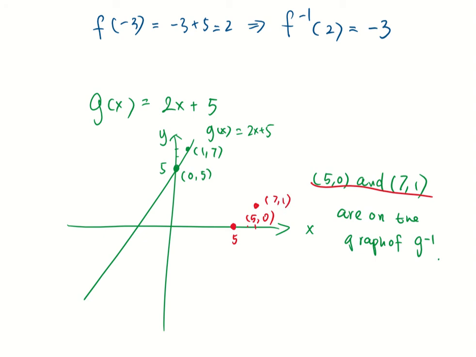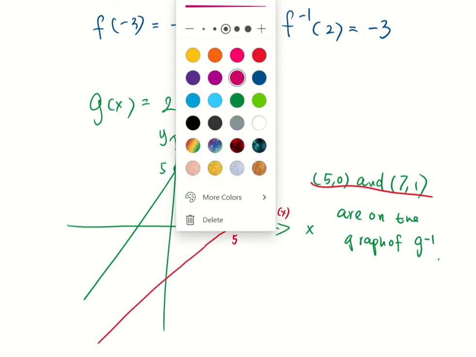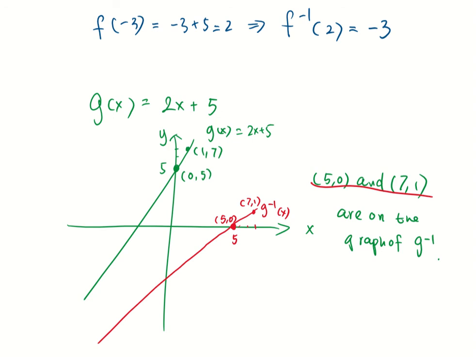If we connect these 2 points, we have something like this. I know I don't have the most accurate graphs here, but the 2 graphs are symmetrical along the line y equals x. That means if you fold this coordinate plane along the line y equals x, the 2 graphs should overlap.